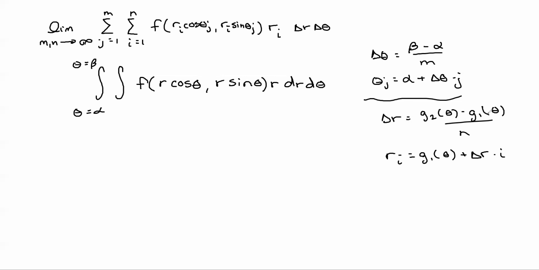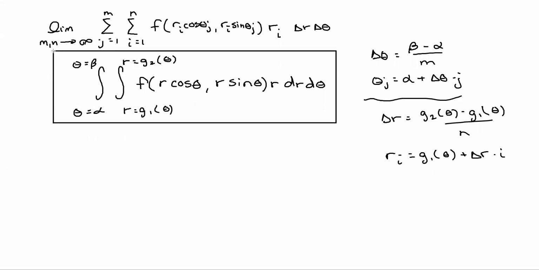And we can see they go from g1 of theta to g2 of theta. Okay, and so that gives us a nice handy formula for finding the volume under a surface that's above a polar region.